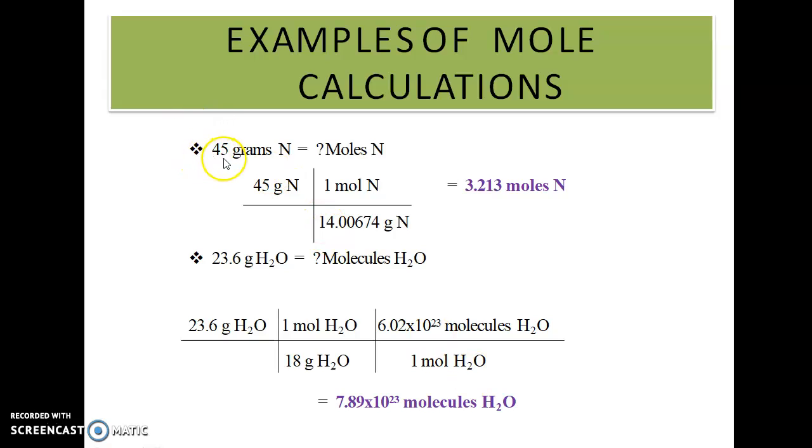First example: 45 grams of nitrogen contain how many moles of nitrogen? The 45 grams are given and you have to calculate the moles.